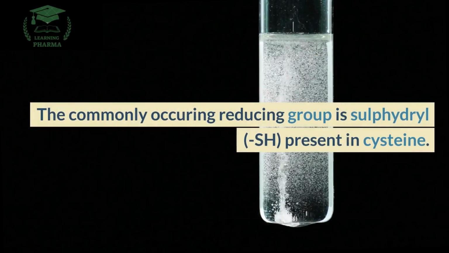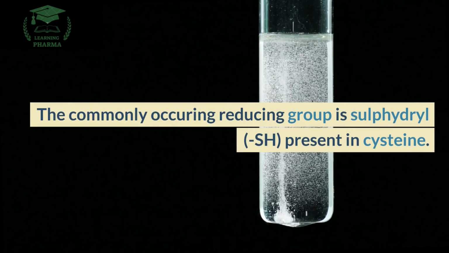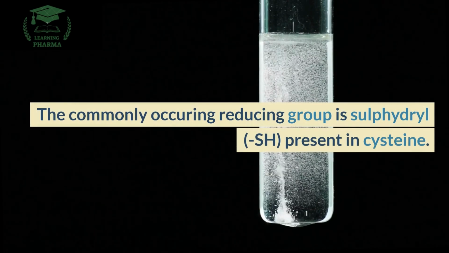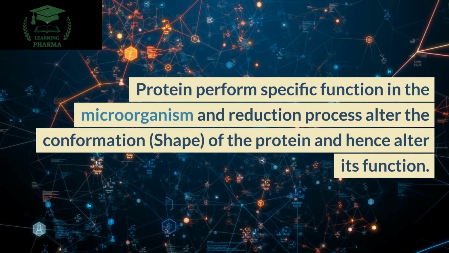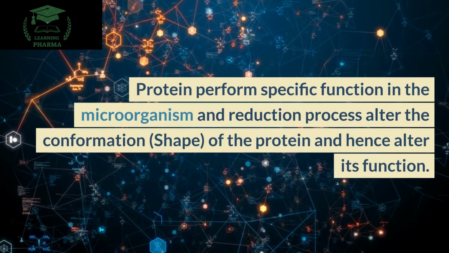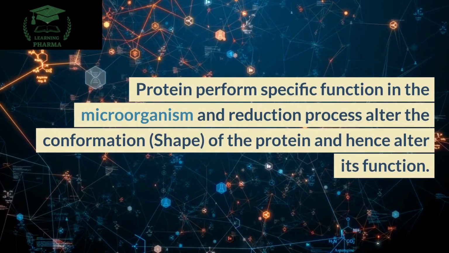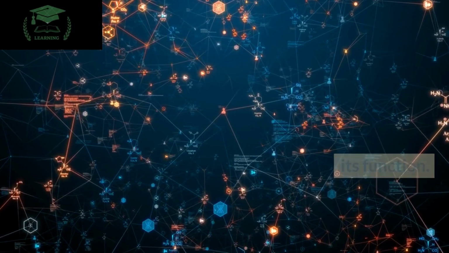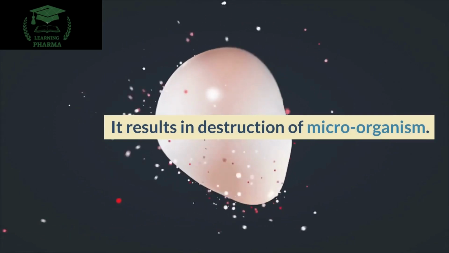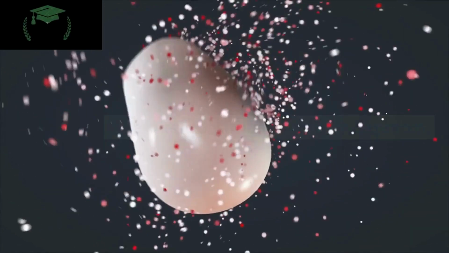The commonly occurring reducing group is sulfhydryl, SH, present in cysteine. Protein performs specific functions in the microorganism, and the oxidation process alters the conformation, or shape, of the protein and hence alters its function. It results in destruction of the microorganism.